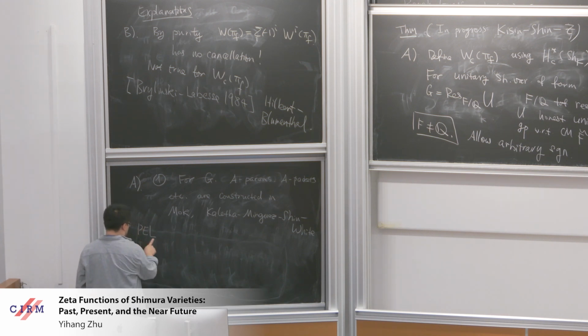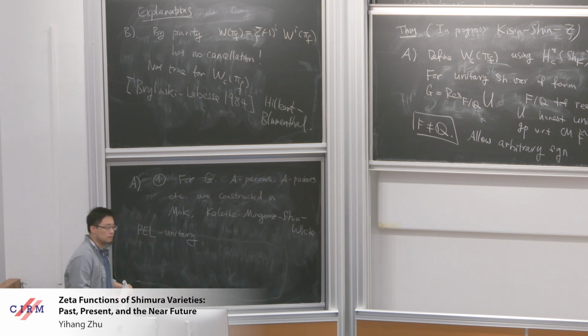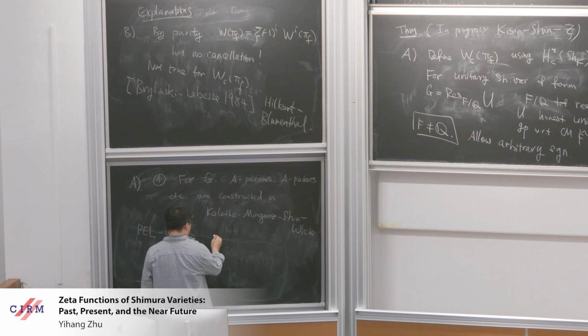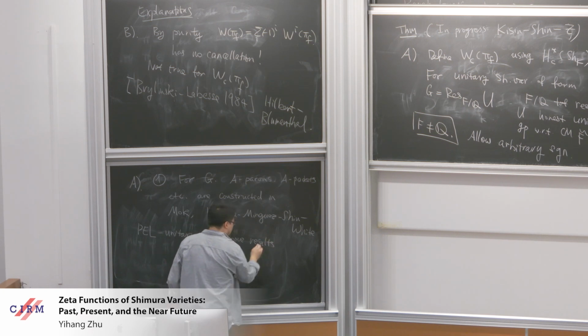In that case, you can also talk about unitary Shimura varieties, so I'll say PEL unitary. There, the group G is no longer an honest unitary group, but some variant of the honest unitary group with a different center. So for this one, the above results do not apply.